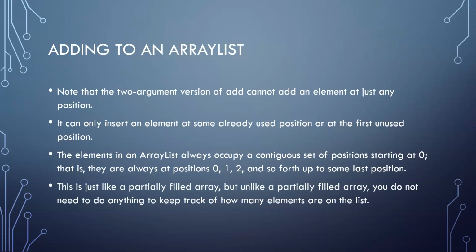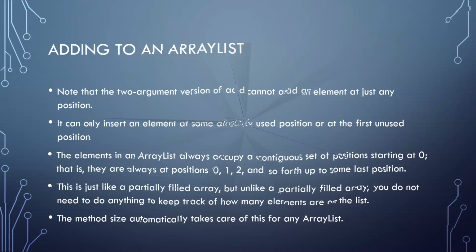This is just like any partially filled array, as I mentioned before. But unlike a partially filled array, you do not need to do anything to keep track of how many elements are in the list. So that is one of the big advantages of using ArrayList over a partially filled array: you don't have to do this manual tracking. The method size will automatically take care of this for any ArrayList.